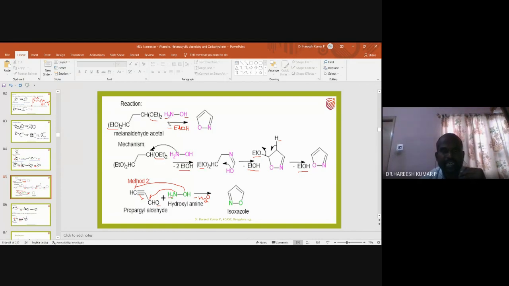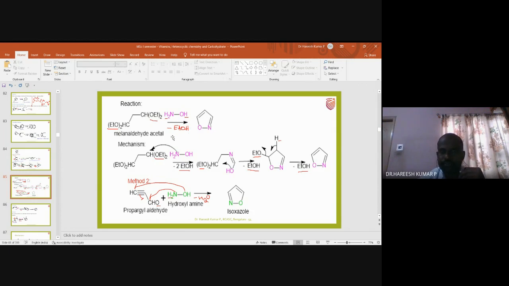So what is happening here? This nitrogen can form two bonds with this carbon. Similarly, this oxygen can form one bond with this carbon. And there will be a removal of proton from here and ethoxy from here, giving rise to isoxazole.